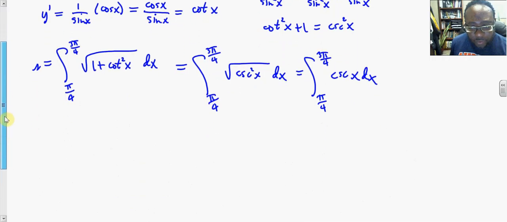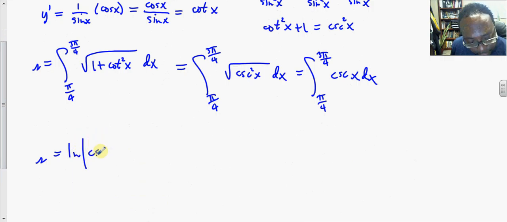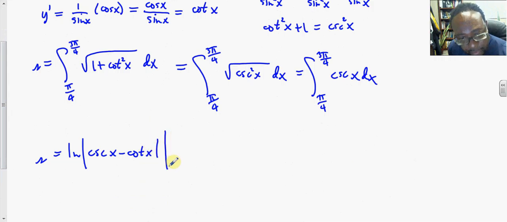Now it's a known form. So the arc length is the natural log of the absolute value of cosecant x minus cotangent x, evaluated from pi over 4 to 3 pi over 4.